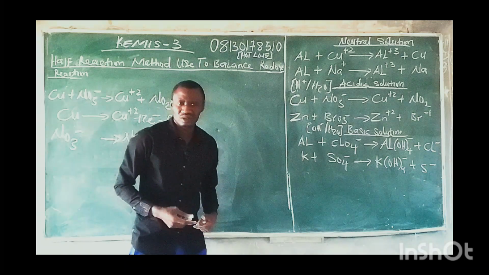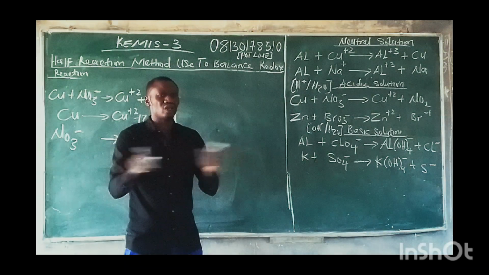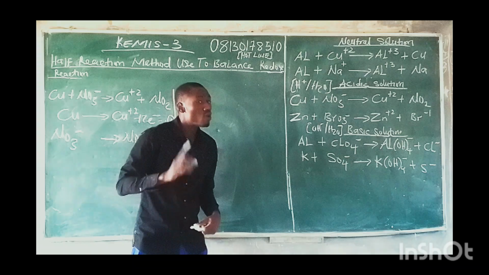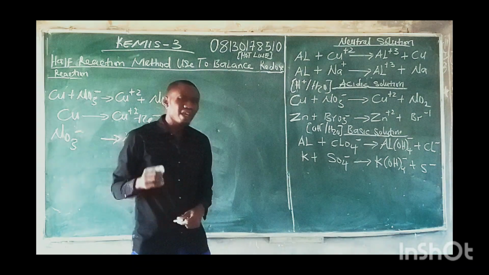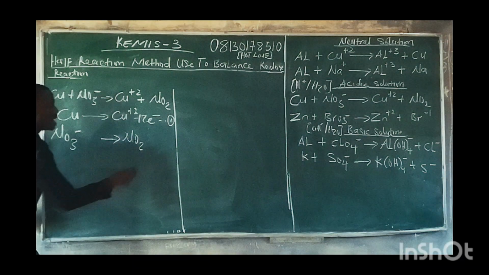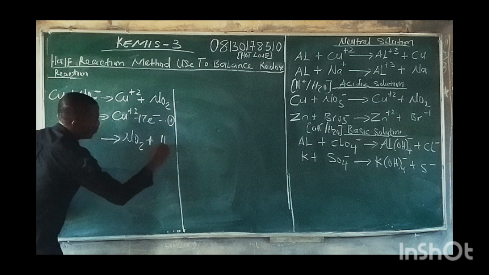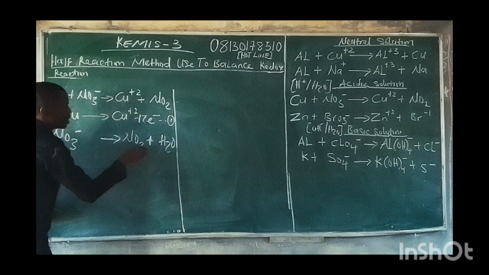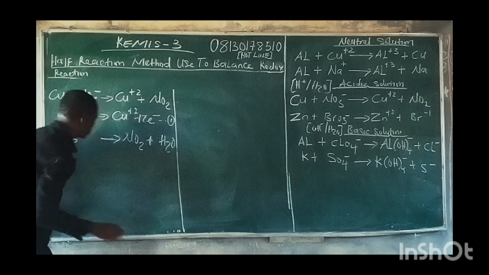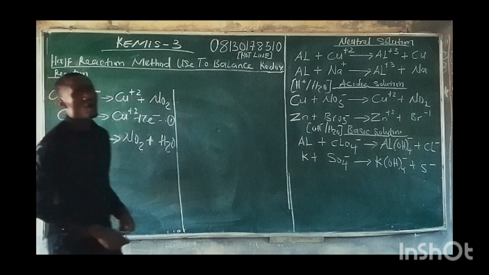Does hydrogen sound like oxygen? No. But water has an oxygen atom in it. So I'm going to add 1 molecule of water. You see? 2 plus 1, that is 3 oxygen, 3 oxygen, it is now balanced.